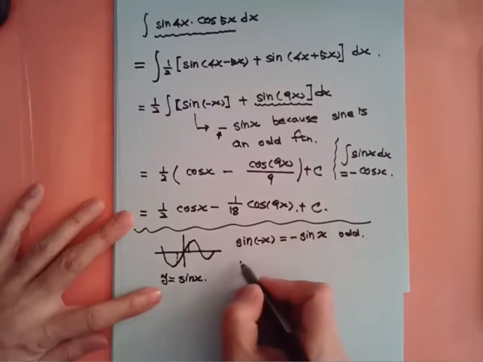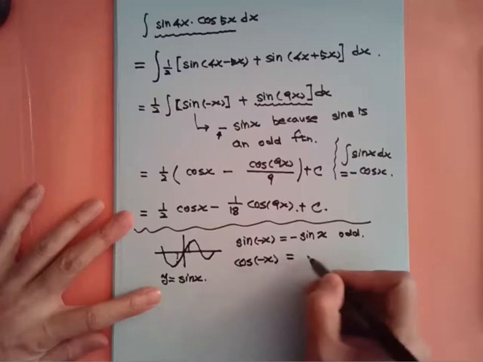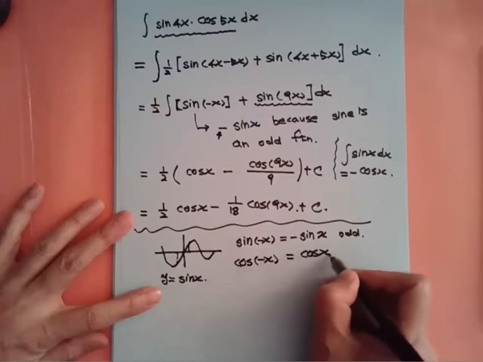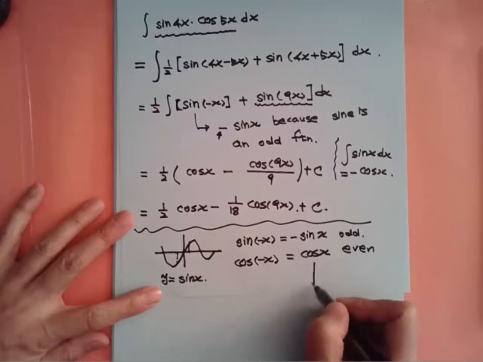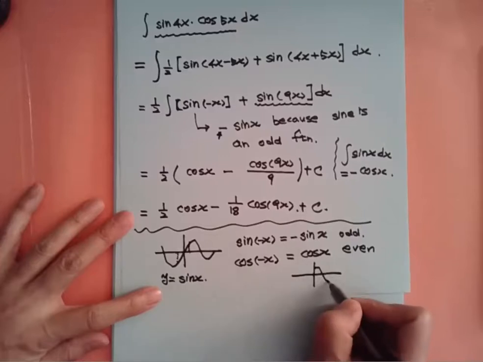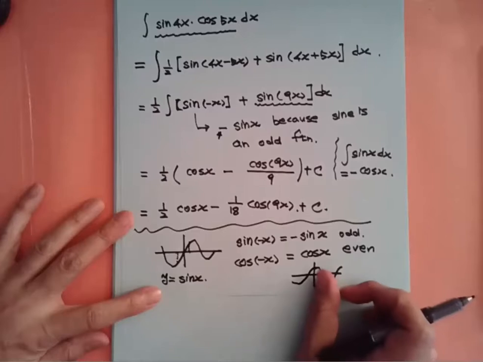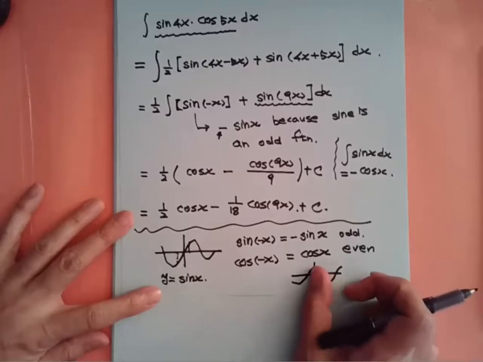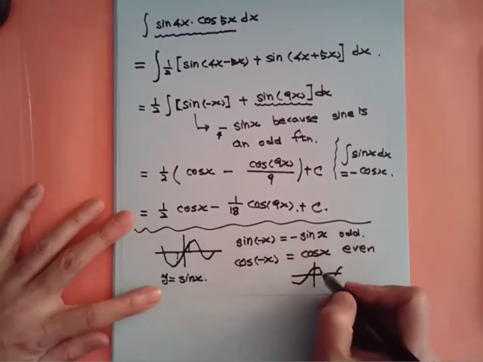If you think about cosine of negative x, it will make cosine of x, because cosine is an even function. The cosine graph looks like this. So if you flip along the y-axis, then the left side and right side are the same.